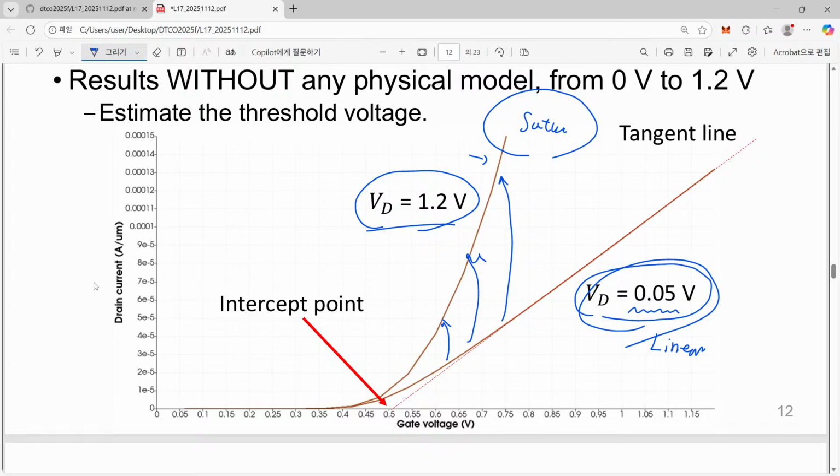Okay, so when you have a linear current, what we can see is actually a certain line, almost a straight line. However, in reality, it's not. In reality, we usually have some degraded slope of this curve, not this straight line. Usually what we observe is like this one. And this reduced slope is usually attributed to the reduction of electron mobility.